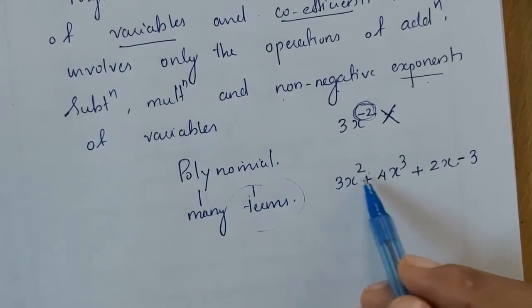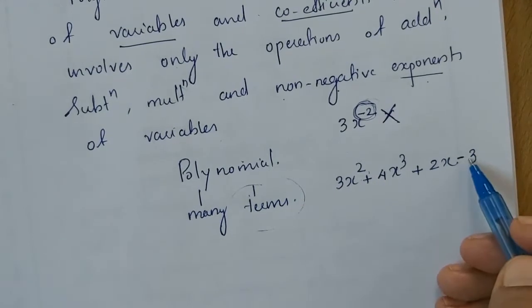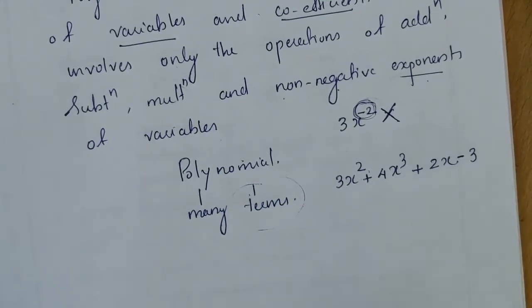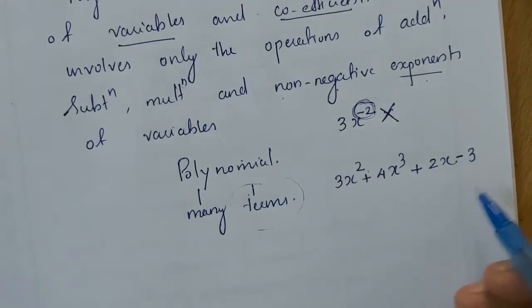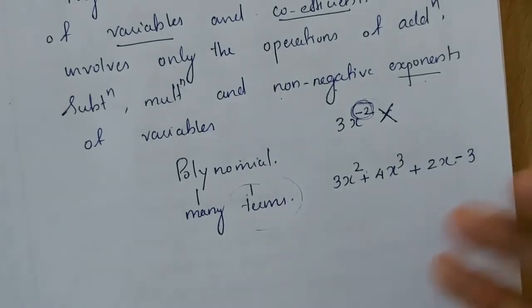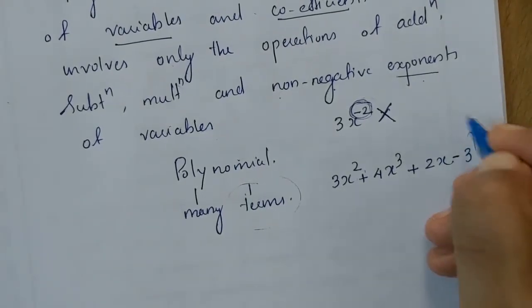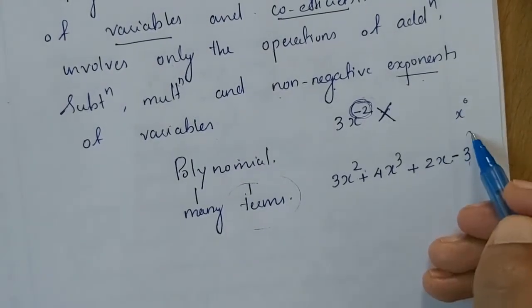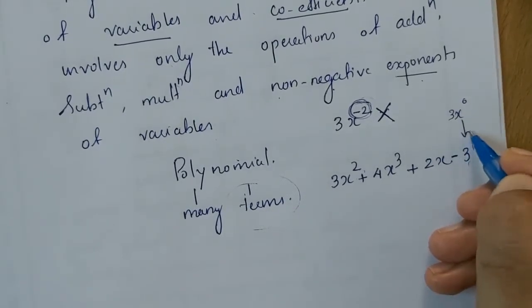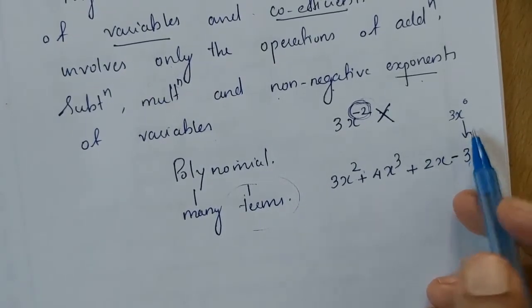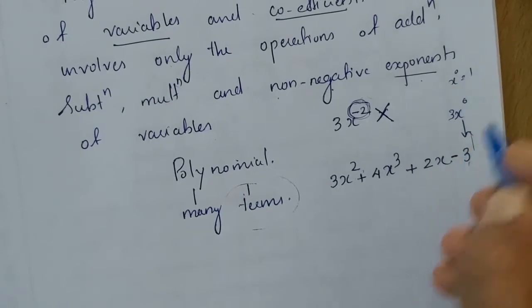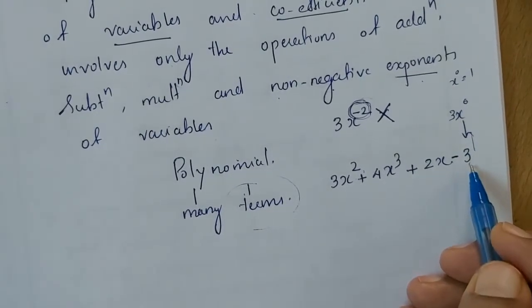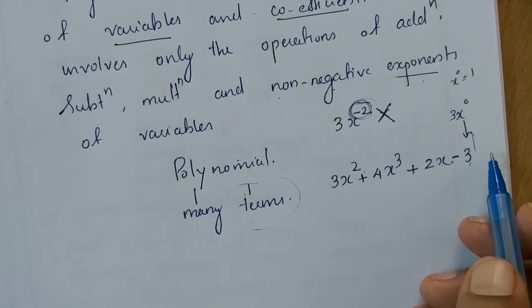Plus, we use the addition operation here. Minus 3, there is no x term. There is no x term because x raised to 0 is equal to 1, so we represent it as 3 only. Okay.